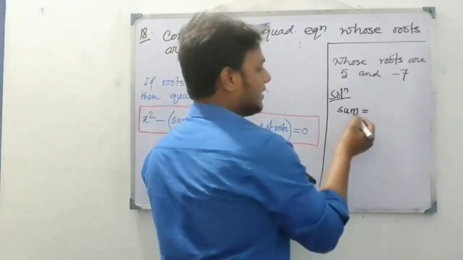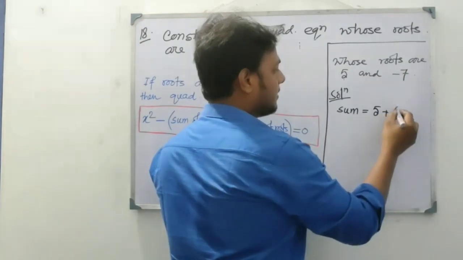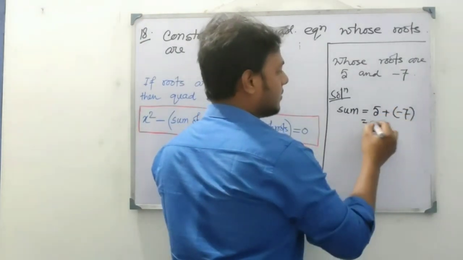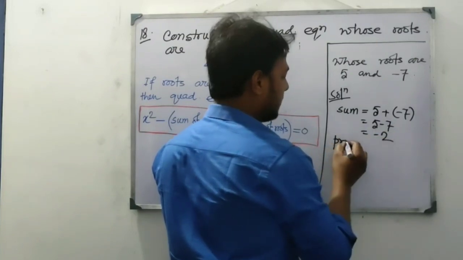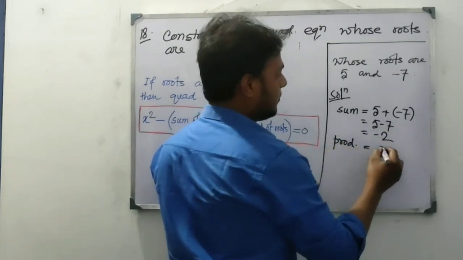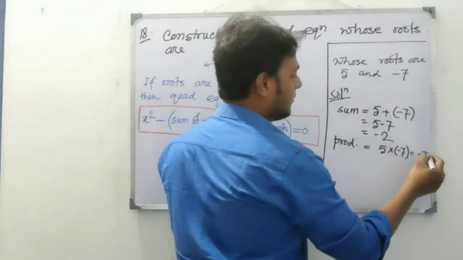sum equals to, in short, sum means addition of these two. So 5 plus minus 7, 5 minus 7 equals to minus 2, and product will be, what? Product equals to 5 into minus 7, that means minus 35.